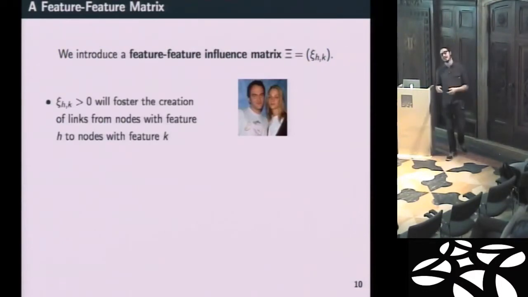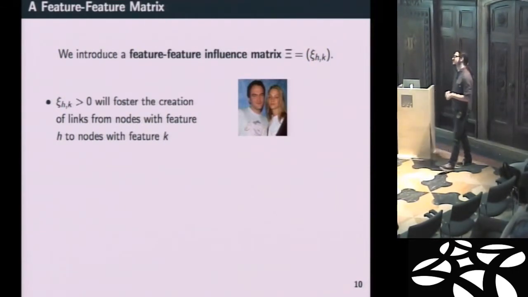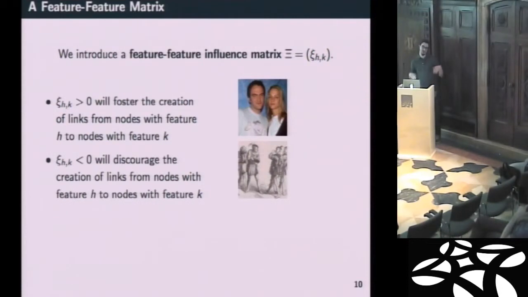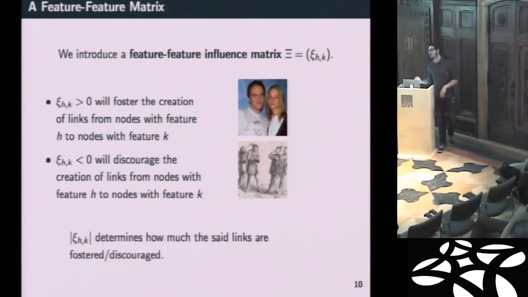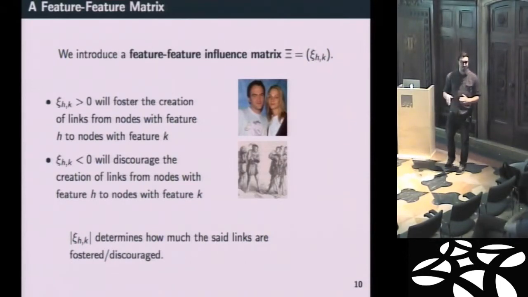If the value of Xi hk is positive, then it will foster the links from feature h to feature k. If it's negative, it will discourage those links. And obviously, the absolute value of this number determines the magnitude of this effect.